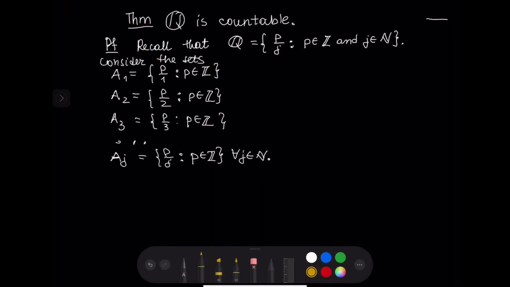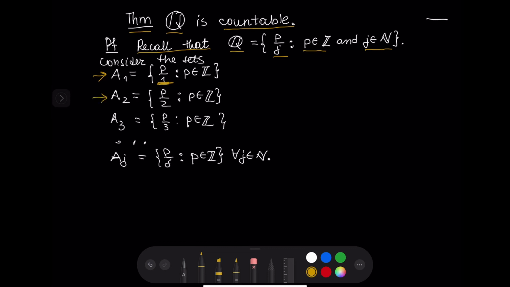So finally, let us prove that the set of all rational numbers is countable. Let us recall that the set of all rational numbers is the set of all fractions p over j, where p is an integer and j is a natural number. So let us consider these sets. The set A1 consists of all fractions p over 1, where p is an integer.